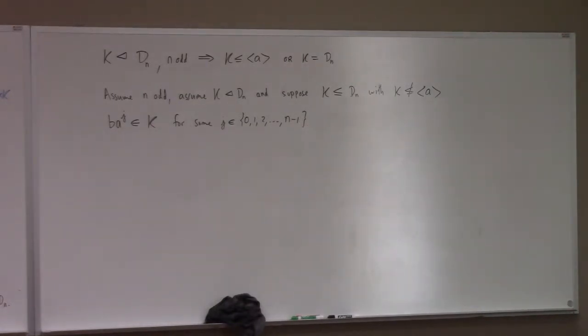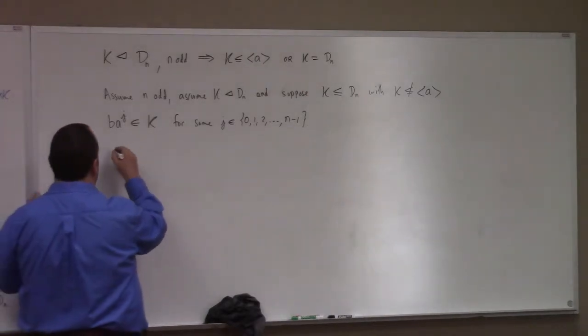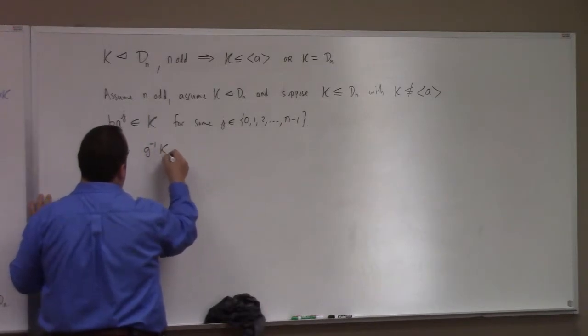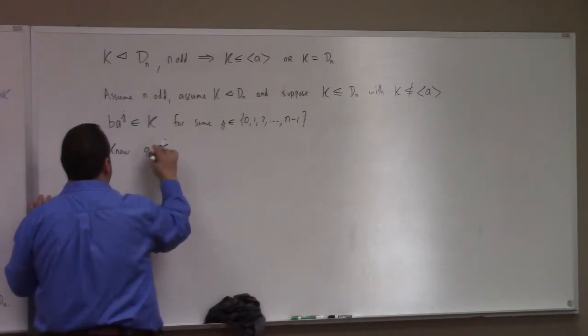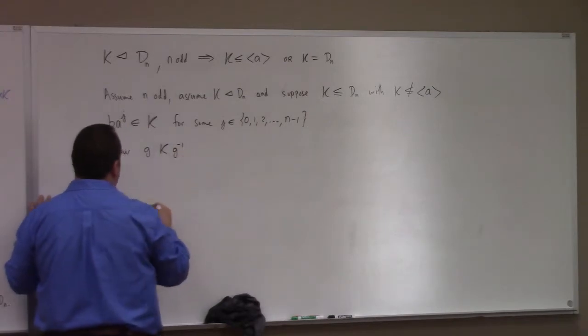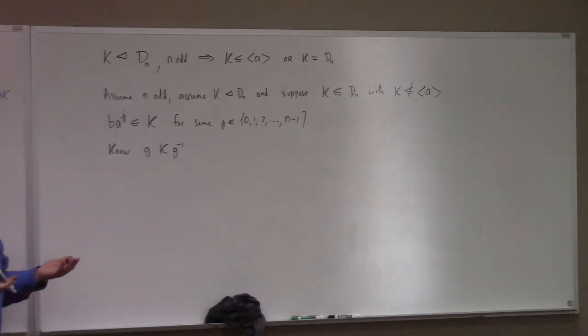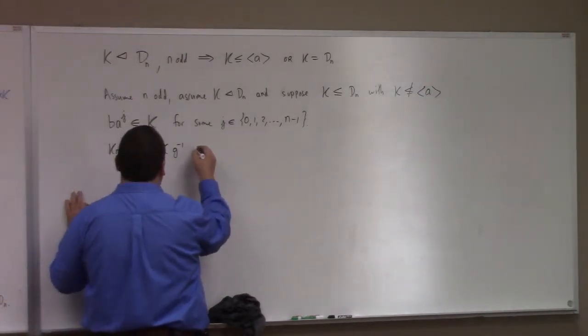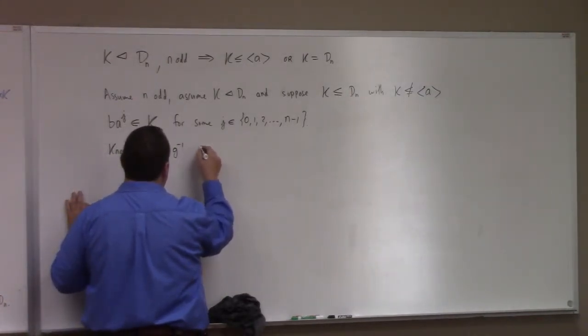How does that help us? If K is going to be normal, what else do we know? We know that G K G inverse is going to be a subset of K, right?